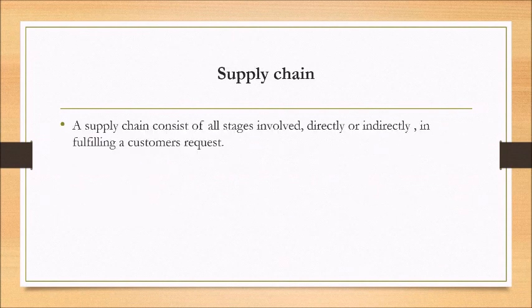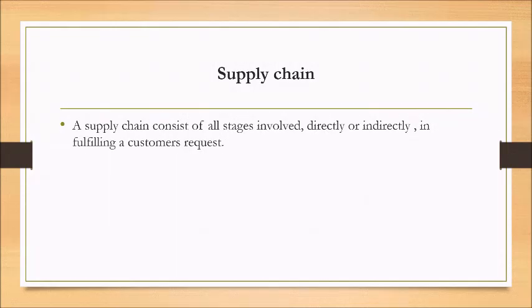Another definition of the supply chain is: a supply chain consists of all stages involved directly or indirectly in fulfilling a customer's request. In the above mentioned definition, there are many other things which are not mentioned, like customer service.